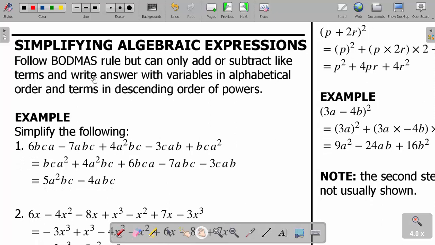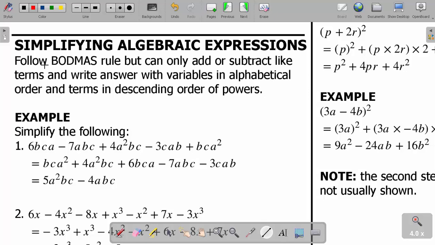Now simplifying algebraic expressions, we always follow the BODMAS rule, but we can only add or subtract like terms and write answers with variables in alphabetical order and terms in descending order of powers.